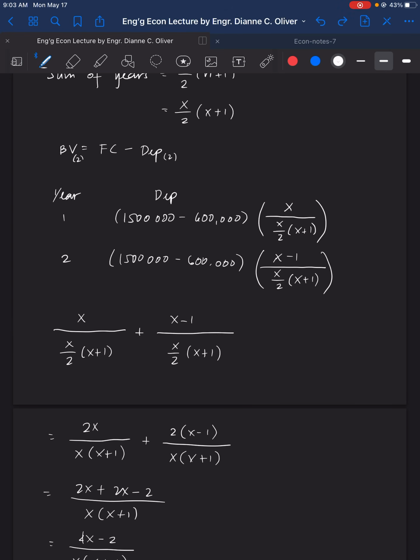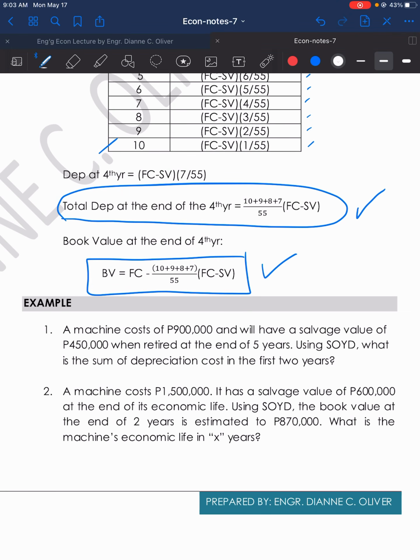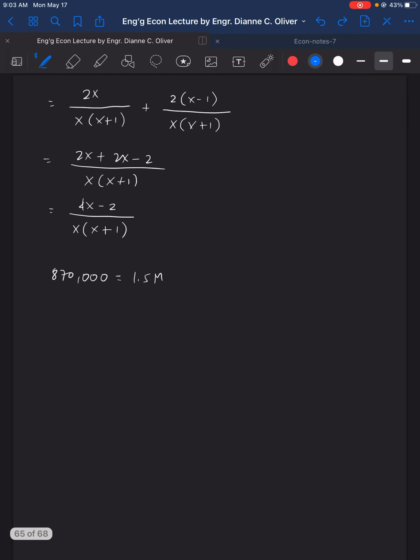Then the depreciation is here: the number of years and then the first cost minus the salvage value. So we have here minus 4x minus 2 all over x plus 1. Then the first cost is 1.5 million minus 600,000.